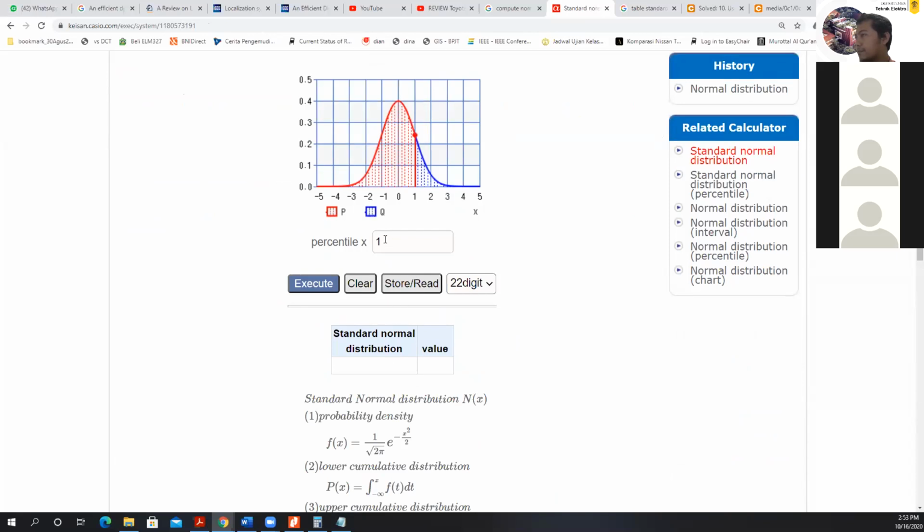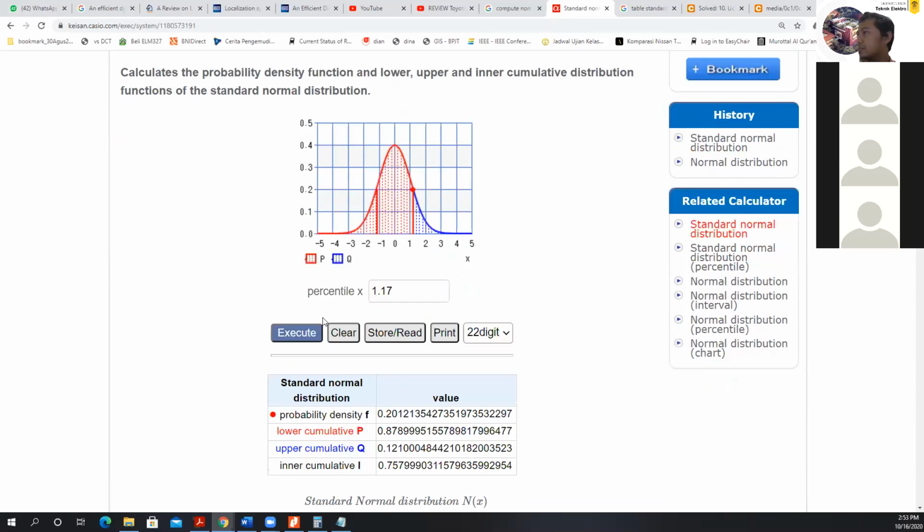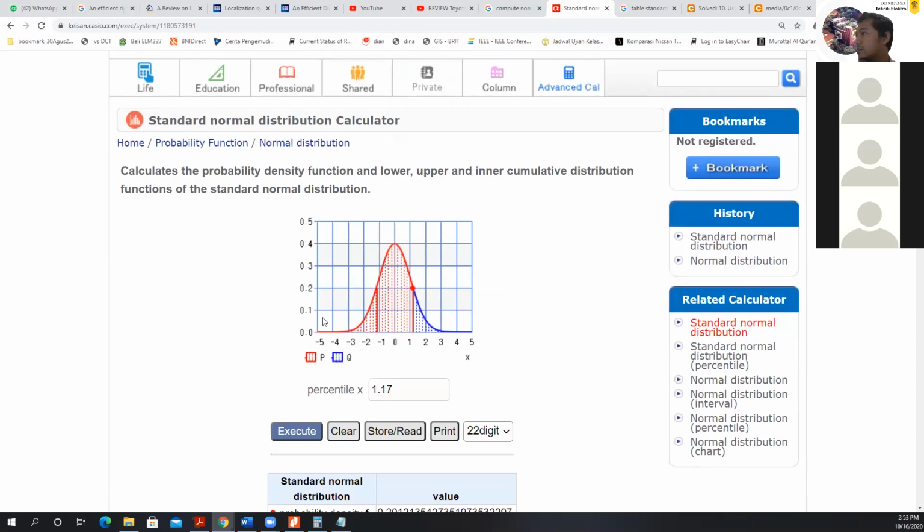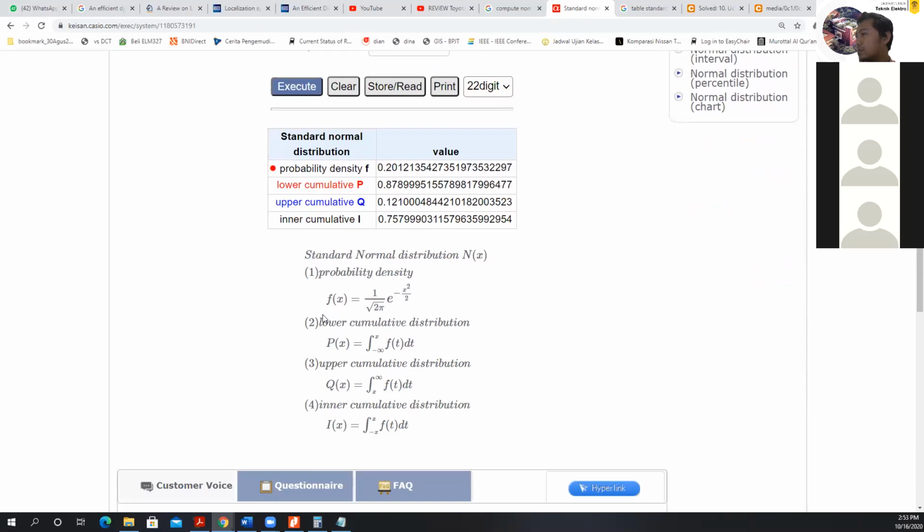So it is 1.17. Execute. So we want to know this one, 0.01.